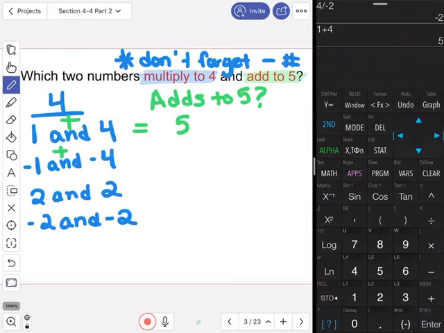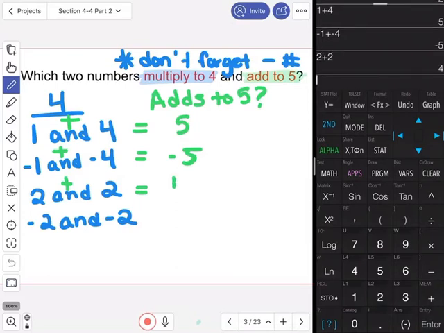The next one I have is negative 1 plus negative 4, which gives you negative 5. If I add 2 and 2, that gives me positive 4. And the last one, negative 2 plus negative 2, gives us negative 4.